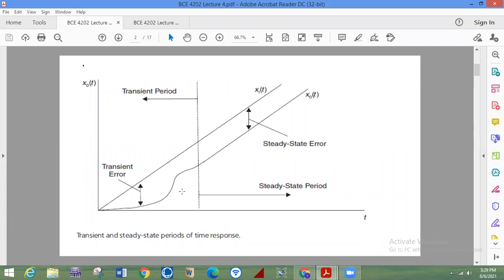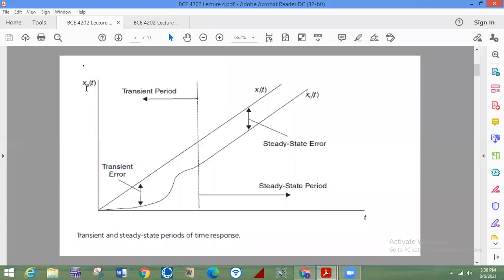So basically here they are describing a system. X naught is the system output, in this case represented by displacement or position.